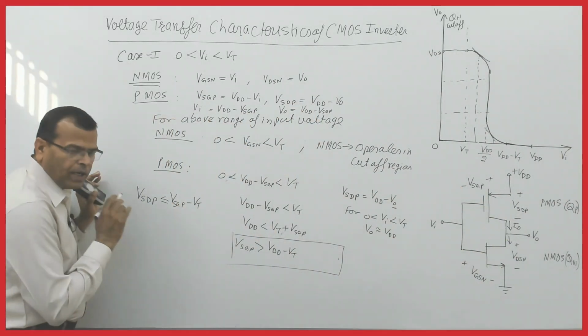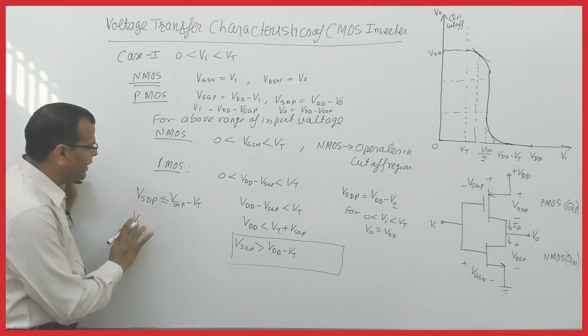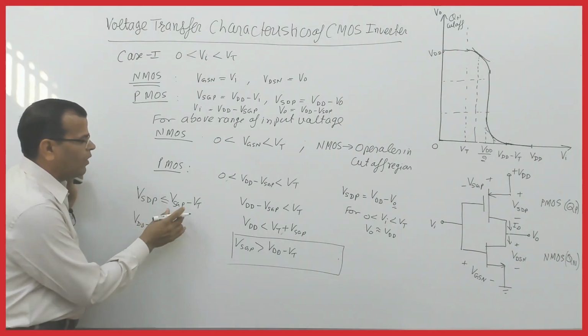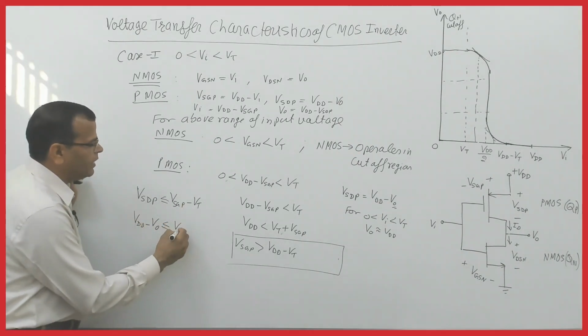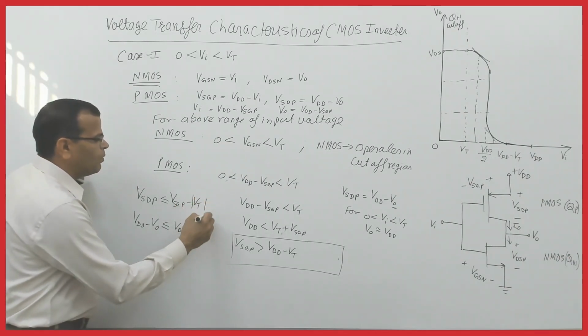But what is VSDP? That is VDD minus V naught. And what is VSGP? That is VDD minus Vi, mod of it, minus VT.